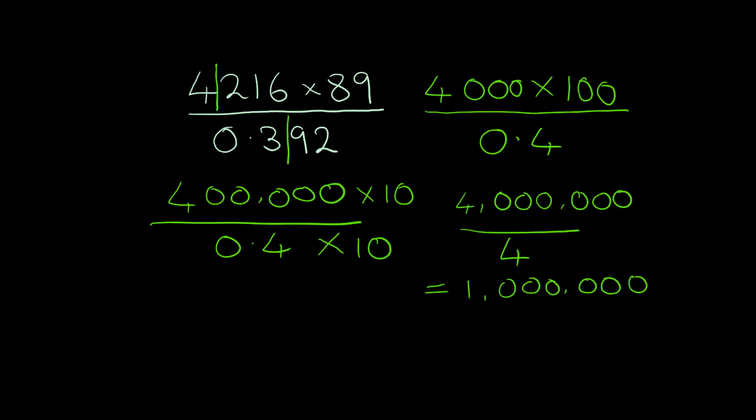So just a word of warning. If you're doing estimation in a real life context, situation, question, however you want to think about it, if it's about needing to know if you've got enough of something, enough money to pay your bill, enough carpet for your room or whatever, then actually the rounding part of your estimating means that you need to go up and not ever round down.